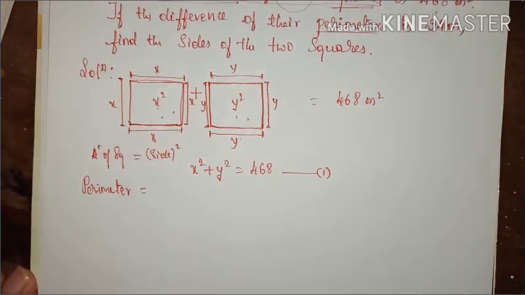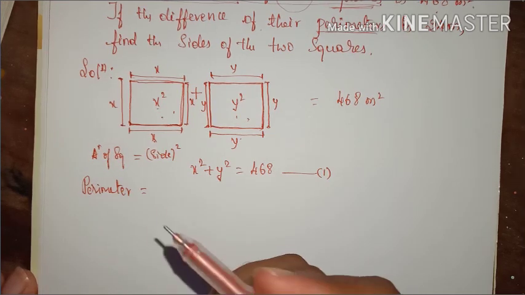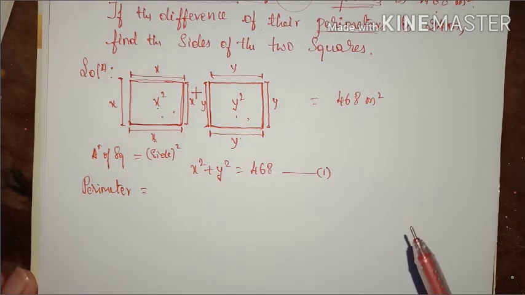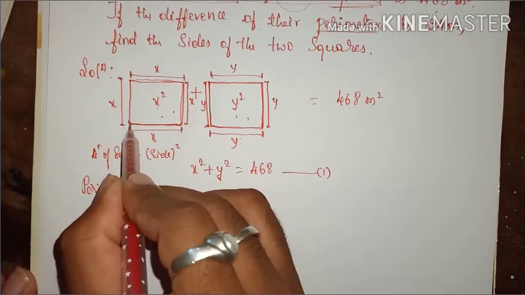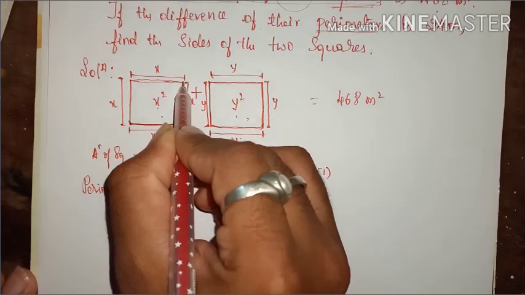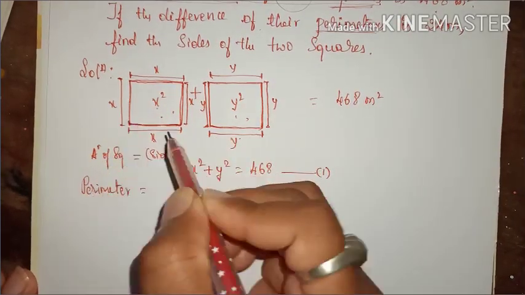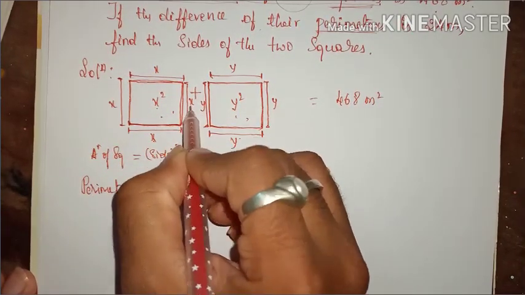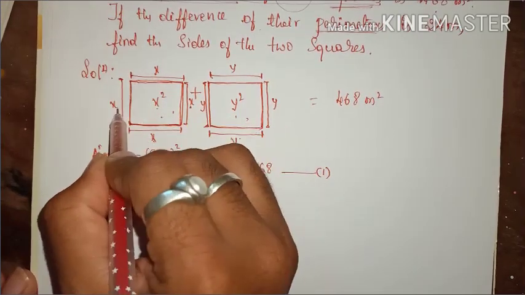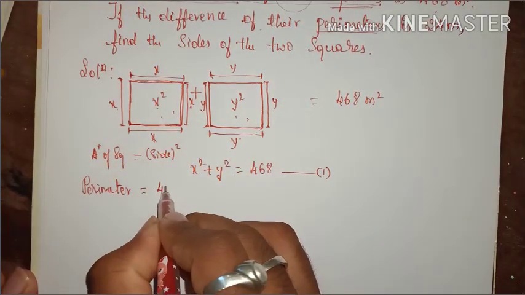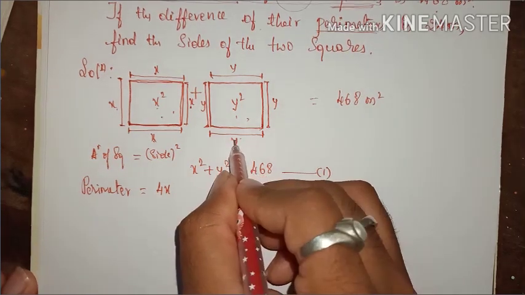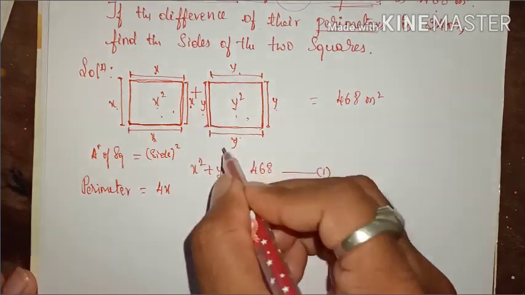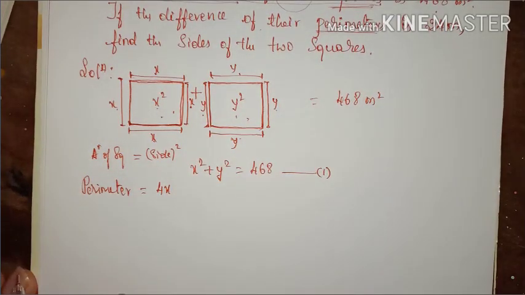That is what we call the perimeter. So how do we calculate the perimeter of a square? You can observe here. How much is it? x, then x plus x is 2x, 2x plus x is 3x, 3x plus x is 4x. Then here it is y and y, how much is it? 4y.